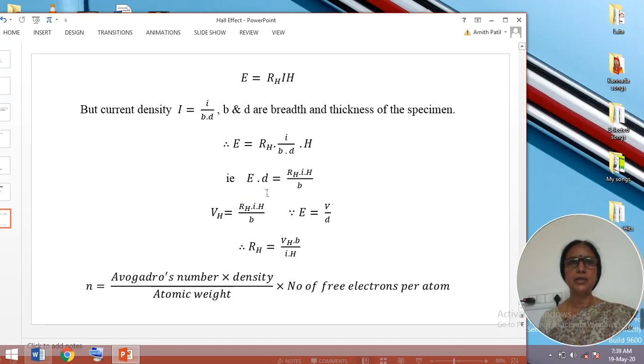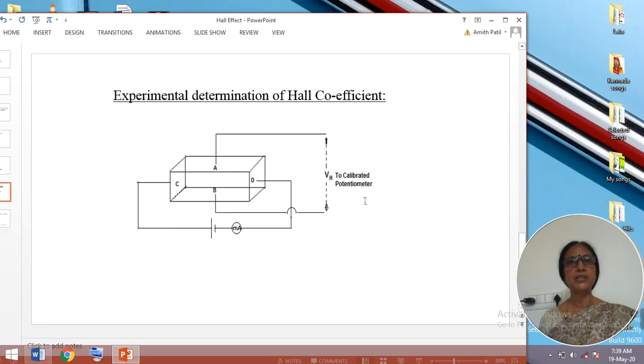So this product can be replaced by a voltage. This is based on capacitor theory. Why capacitor theory? The thickness of the specimen, as I told you already, is in terms of millimeters, which means the faces are very close to each other. So this slab behaves as a capacitor, and we know that whenever charges accumulate on the plates of a capacitor, an electric field develops between the plates.